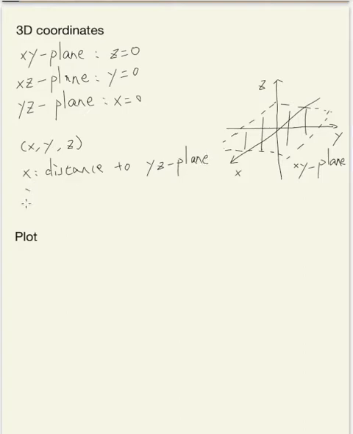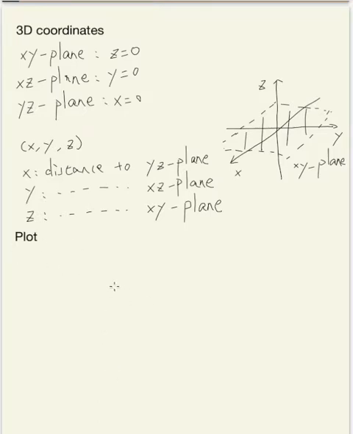Okay, and the y coordinate is, well, the same thing. It's the distance to the xz plane, and then the z coordinate is the distance from the point to the xy plane. Alright, so this is some basic definition of the 3D coordinate system.